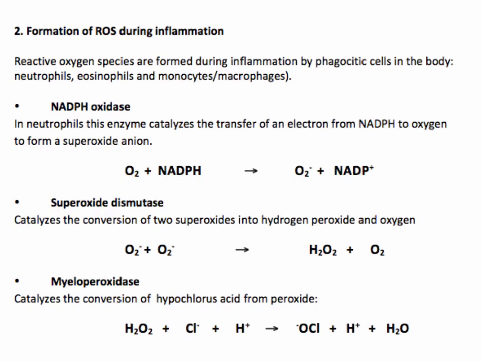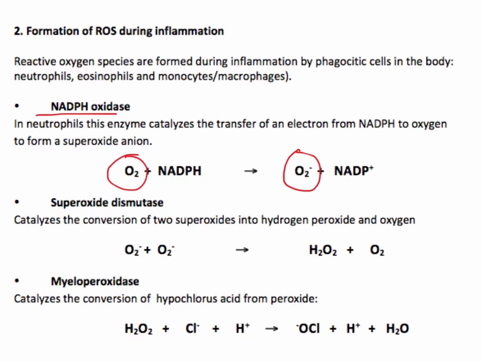Now, a major source for the production of reactive species is the production during inflammation. Certain immune cells produce reactive oxygen species in response to foreign agents such as bacteria or fungi. Neutrophils catalyze the transfer of an electron from NADPH to oxygen to form a superoxide anion.